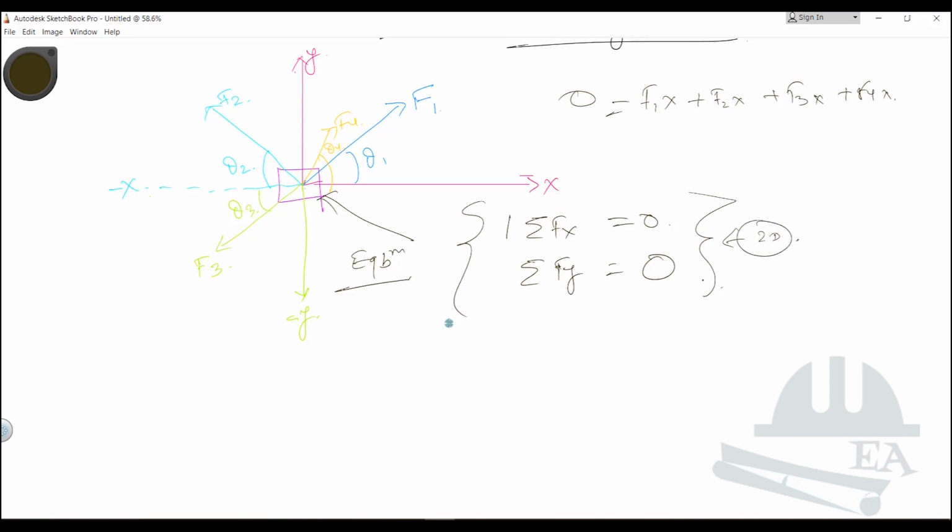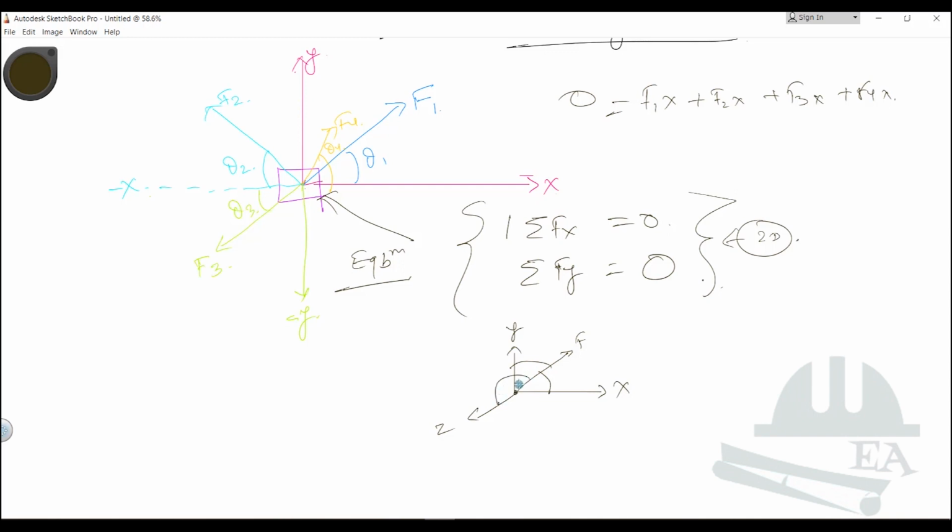In a 3D plane, this is our x direction, this is our y direction, and this is our z direction. Whenever we have a force in the 3D plane, let's say this is our force F, it will have a component in the x direction, a component in the y direction, and similarly a component in the z direction as well.